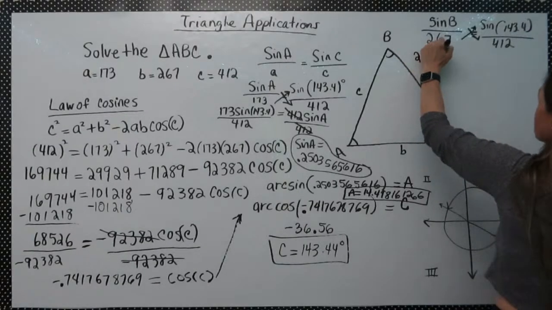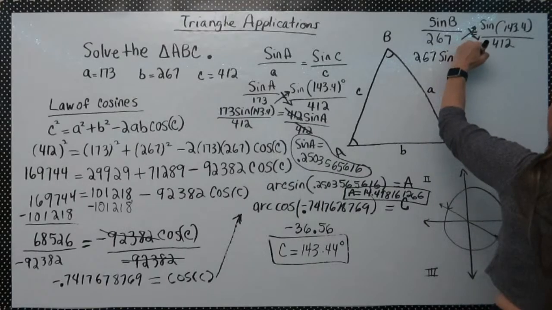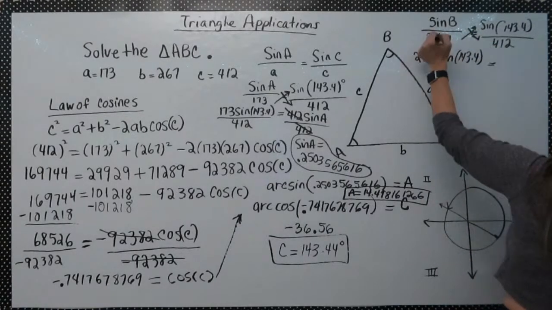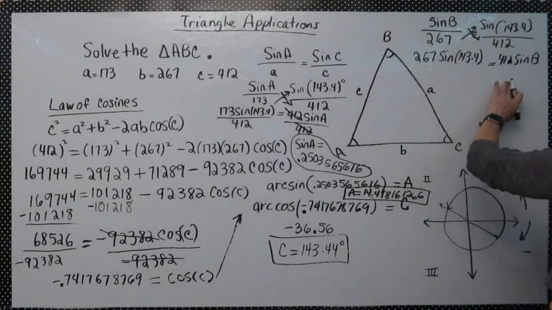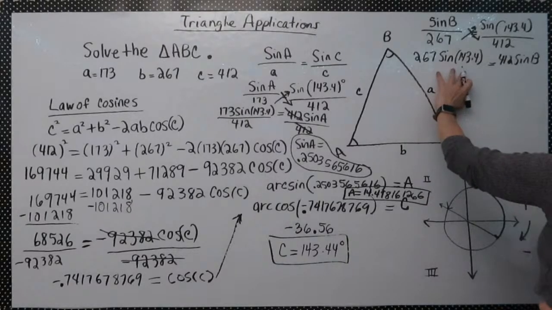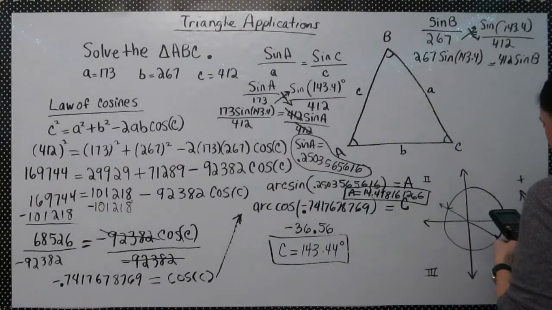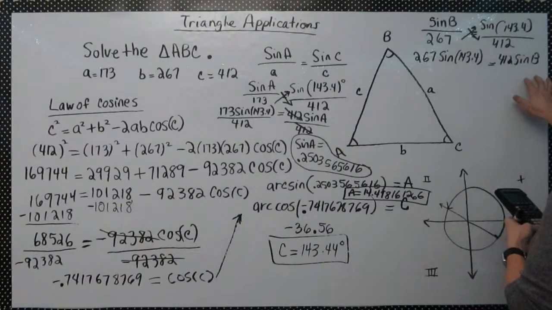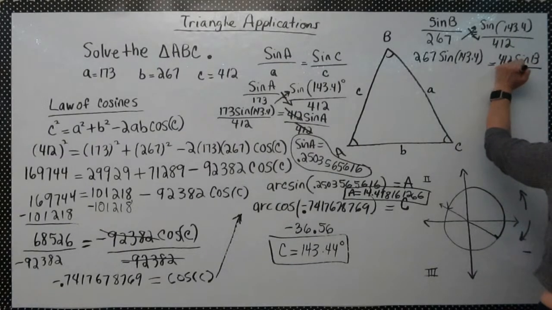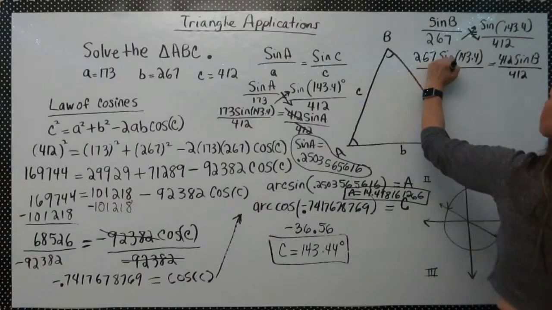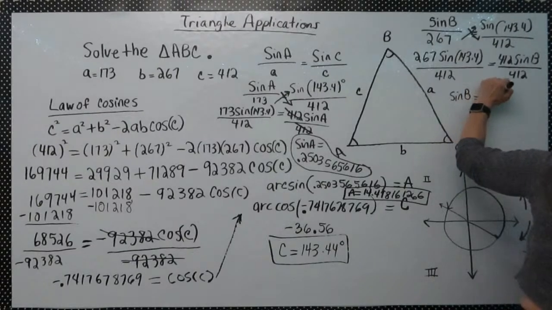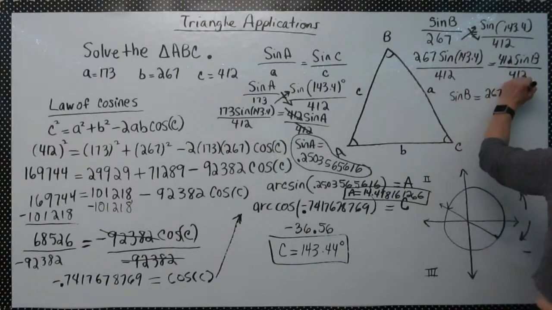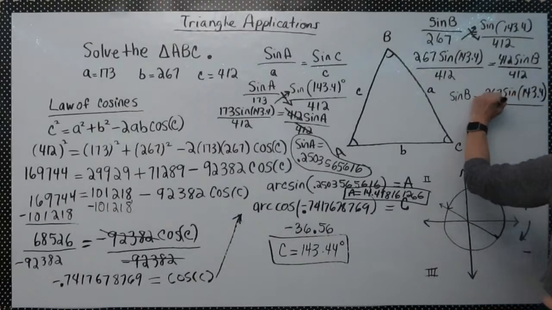We got 267 sine 143.4, and then that's going to equal 412 sine B. And then we're going to repeat that process one more time, just combining these in the calculator, and that process of solving for sine B. So we've got divided by 412, and I've got sine B equals 267 sine 143.4 over 412.